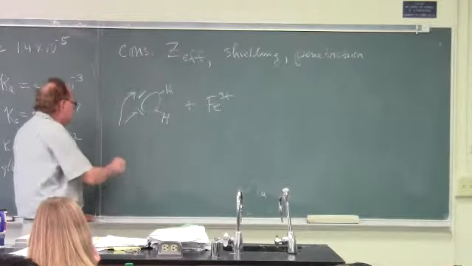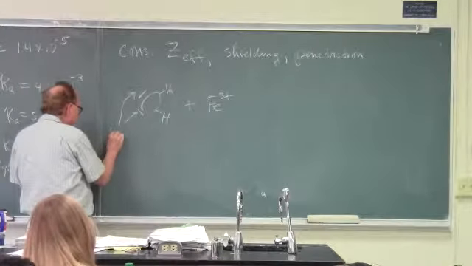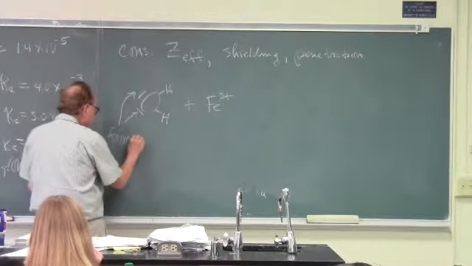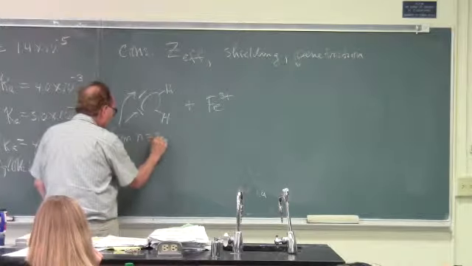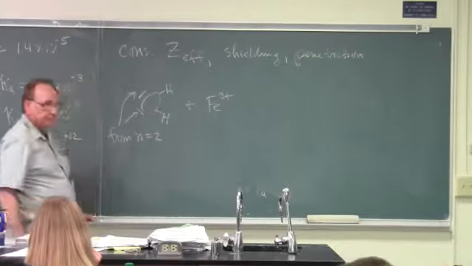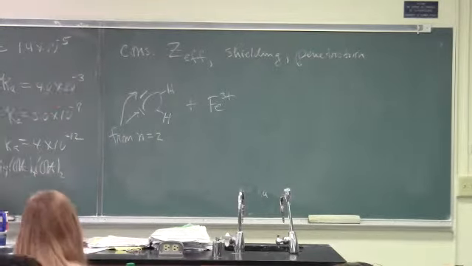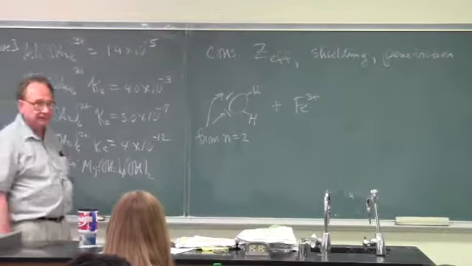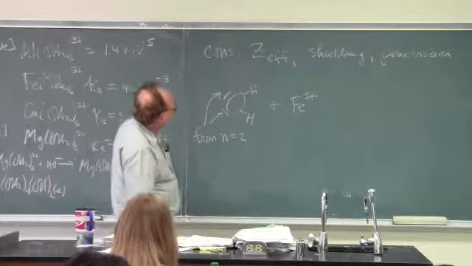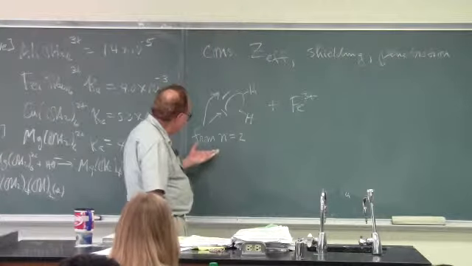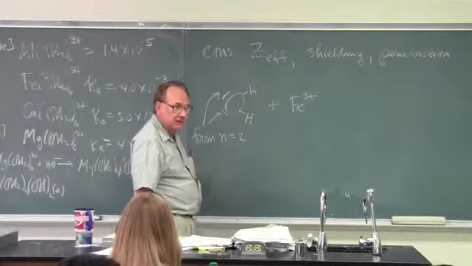Energy level number 2, from n equals 2. What do you remember when we talked about this kind of stuff for this size trend business? About Z effective and penetration ability of electrons from energy level number 2.